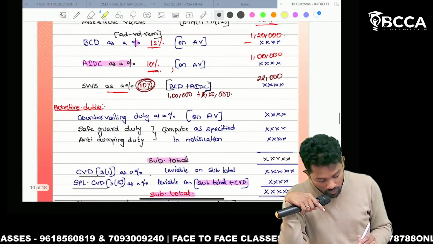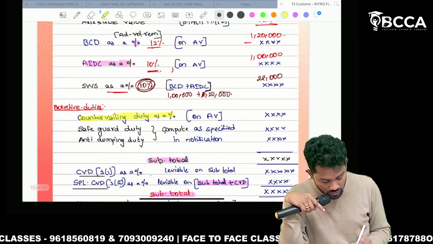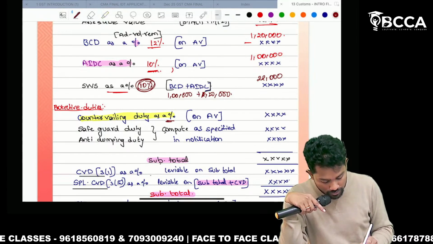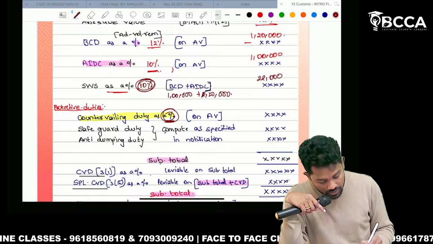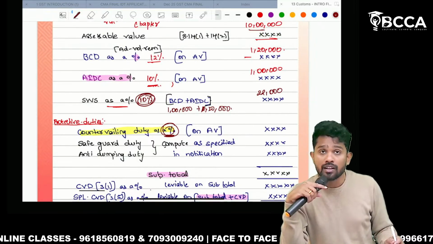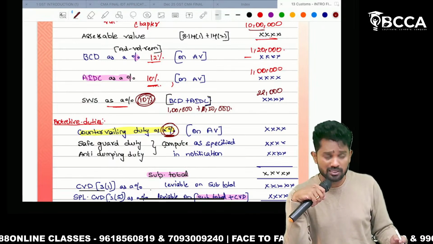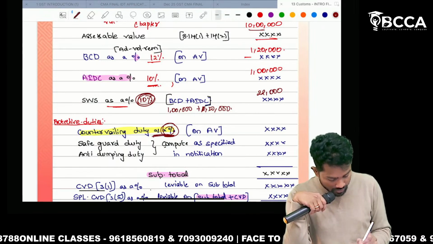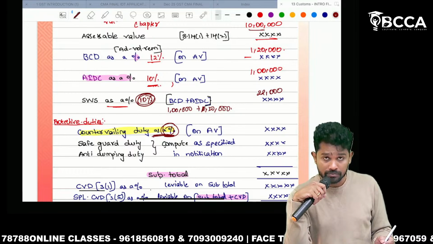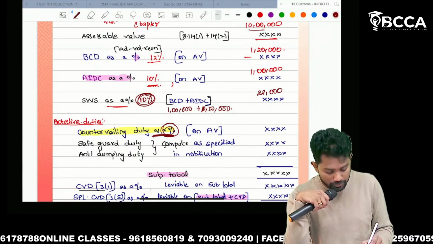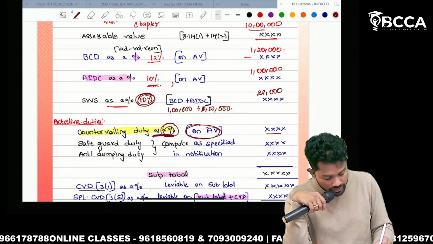Then countervailing duty. If at all there is countervailing duty, it will also be given as a percentage. That percentage will also be levied on assessable value. Okay, 10 lakhs into some percentage. Countervailing duty also has a percentage leviable on assessable value.